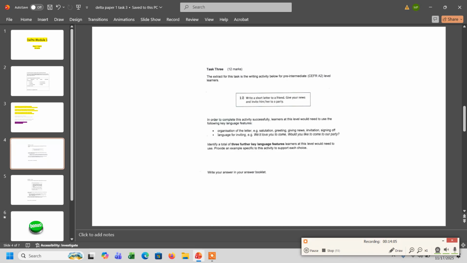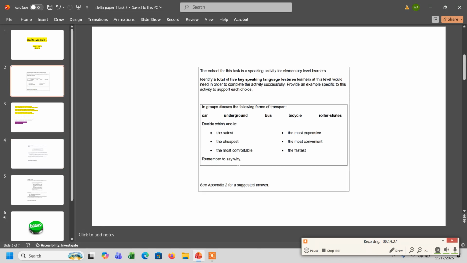and also analyze the given specific instructions. For example, in your answer, you can't include organization of the letter and letter language for inviting again because they have already given in the rubric. And wait, you also need to be aware of those little things. Remember to say why or group discussion.